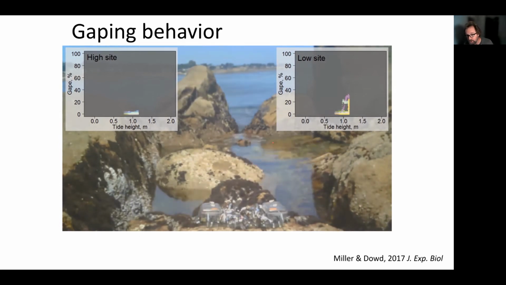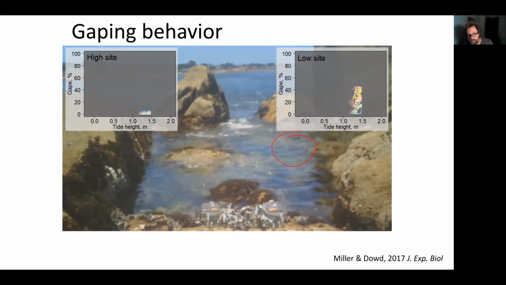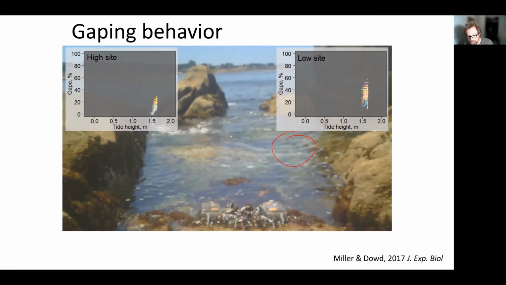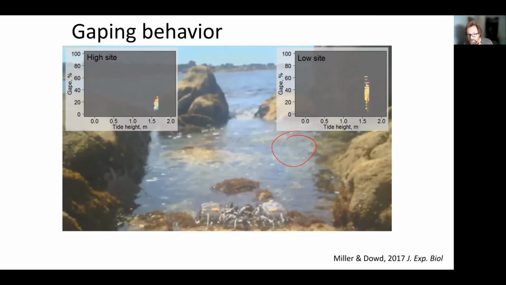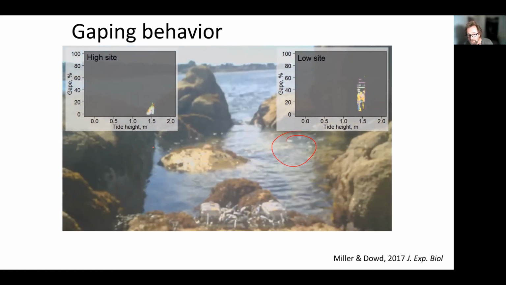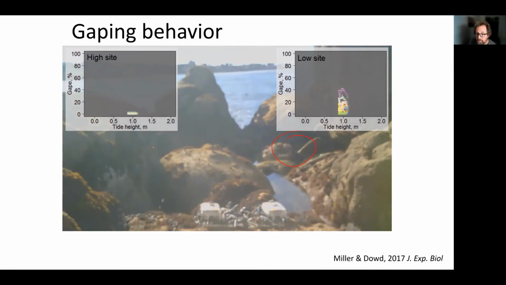And you can see at the low shore site in the upper right, they start opening up as the tide starts to submerge them. It takes quite a bit longer later in the day for those high site mussels in the foreground of the picture to start getting splashed and opening up. And then they individually all start to close back down as the tide drops in the afternoon, the high site mussels closing up earlier than our low site mussels.